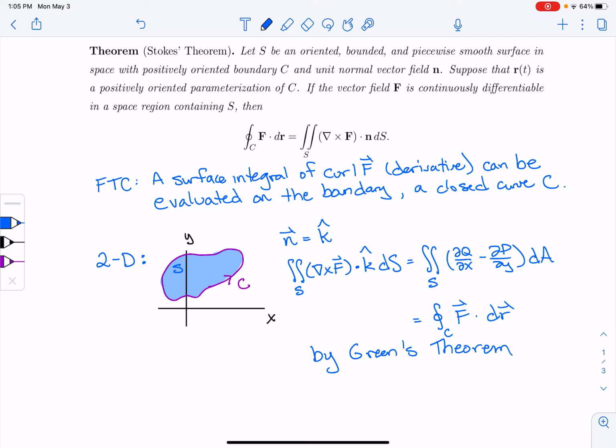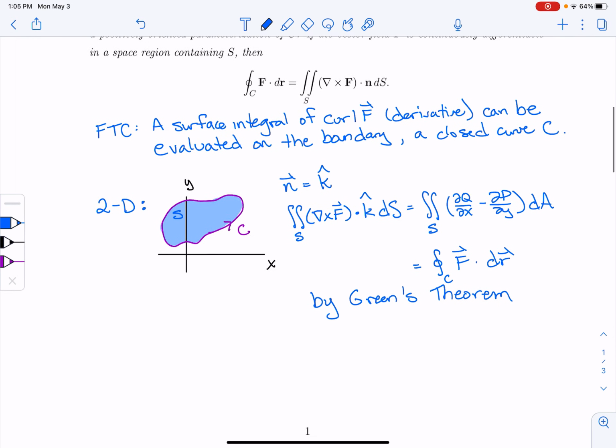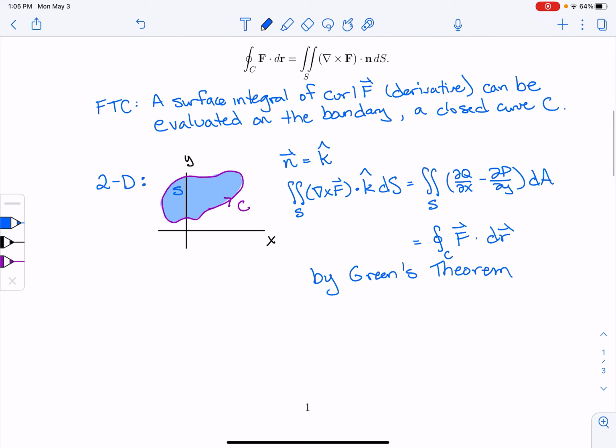Now you may ask yourself, when do these kinds of integrals even pop up? It turns out that these integrals are used to calculate what is called circulation.